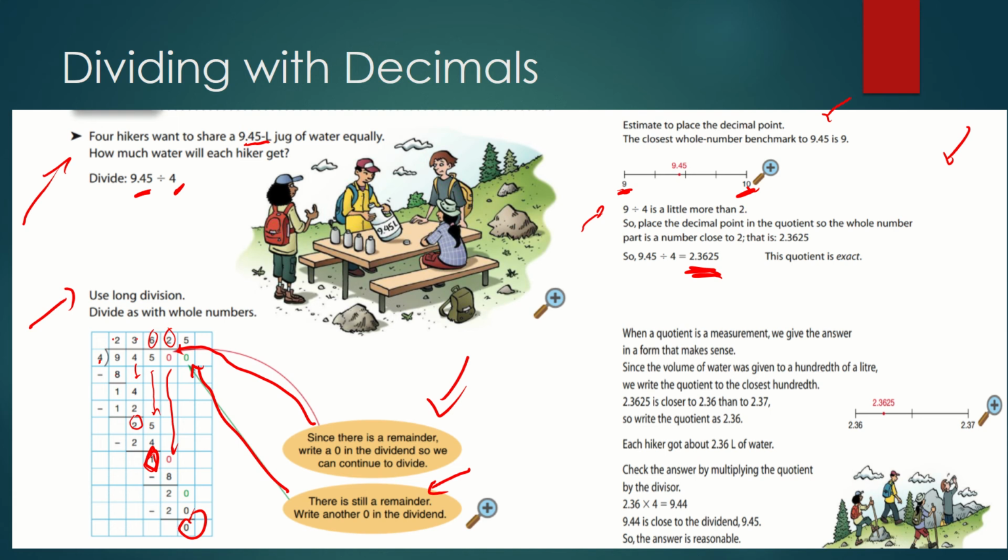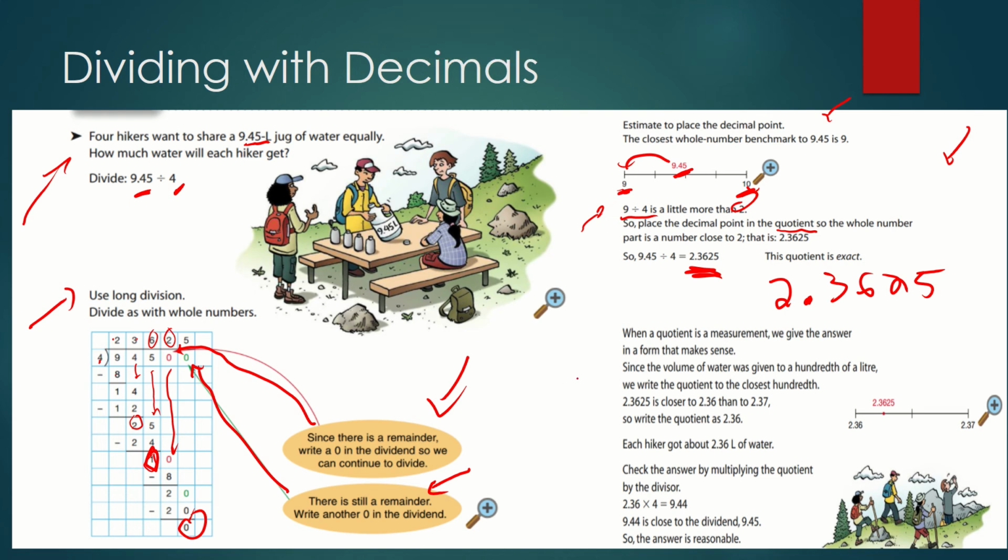We know that 4 goes into 8 2 times. So place the decimal point in the quotient so the whole number part is close to 2. So we have 2.3625, and I put my decimal here because we know that 9.45 is close to 9, and 9 divided by 4 is 2.